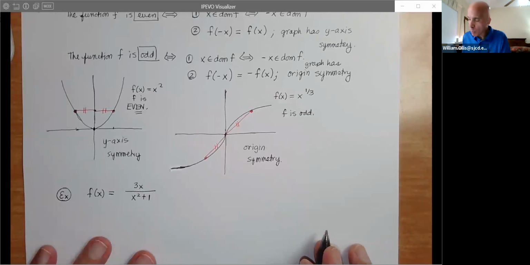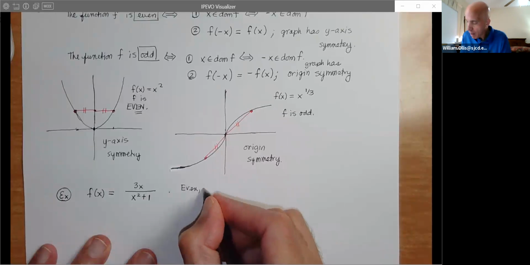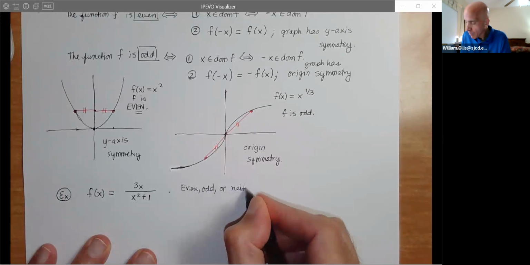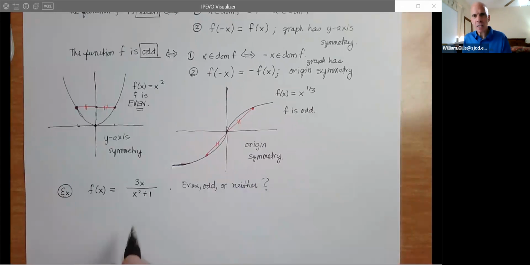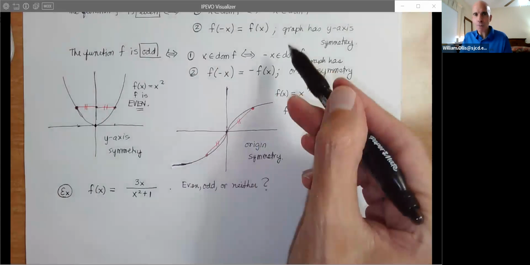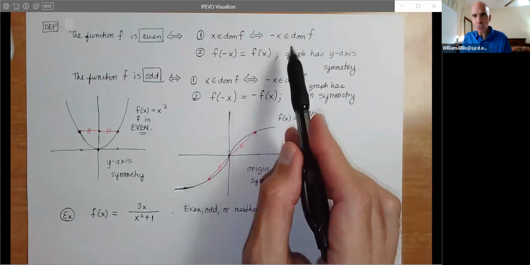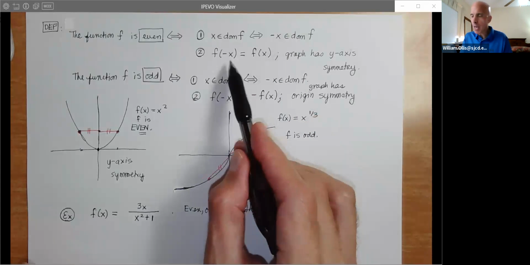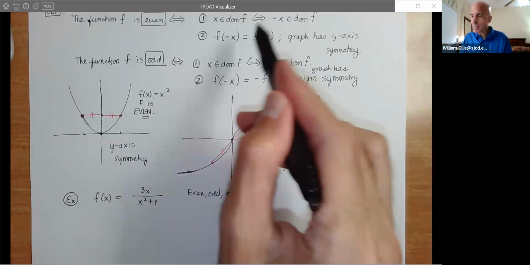Okay, and so what we want to do is say even, odd, or neither. So when you look at this, you're like, okay, I'll just go up to the recipe here and figure out the domain, make sure it's symmetric relative to the 0, to the origin, and then I'm going to check out f of negative x. So again, this is the litmus test here.